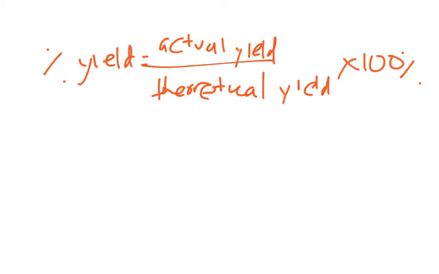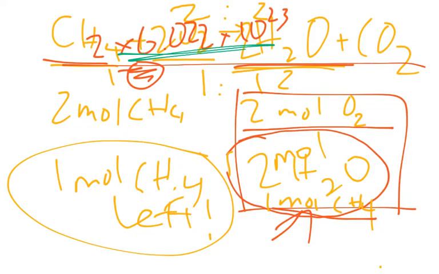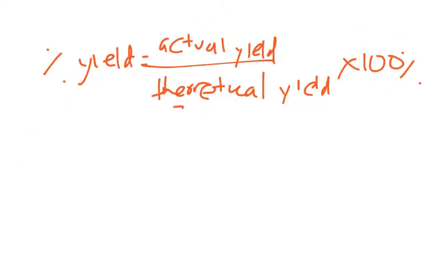So what is yield? Well, yield is just the stuff that you get. So, for example, the theoretical yield is the yield we've been calculating, assuming 100% completion. So in this problem, for example, we assumed that all the oxygen was consumed to produce the water. But in actuality, reactions don't actually go to 100% completion.